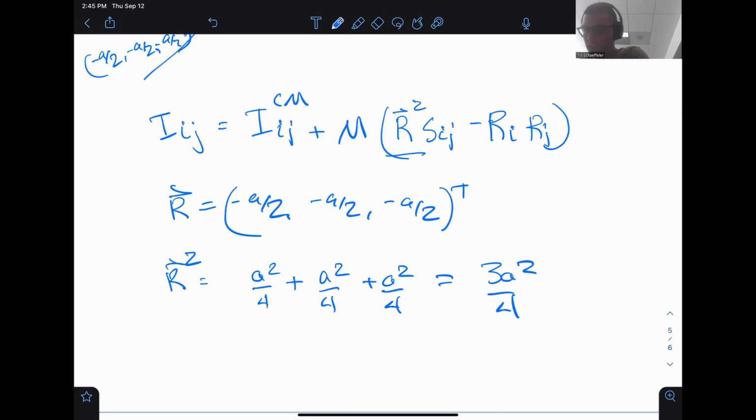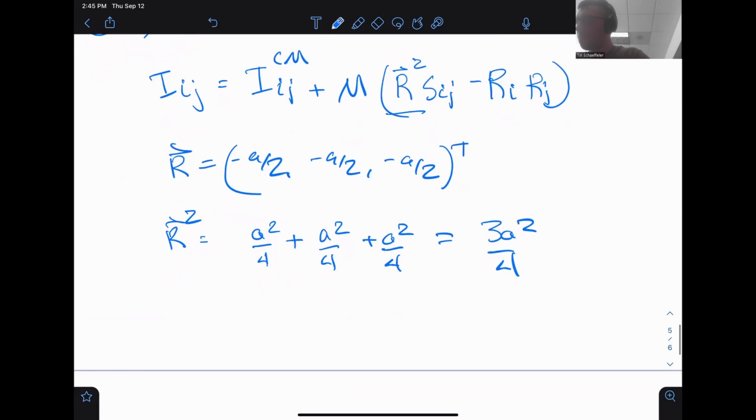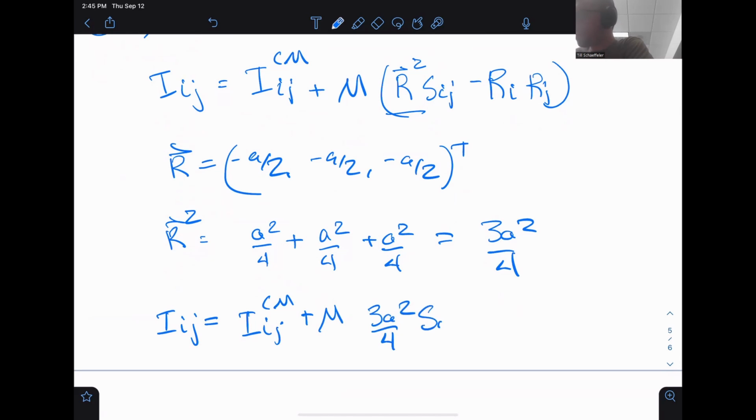And we can update this formula. Plus m 3a squared over 4 times the delta function minus R_i R_j.